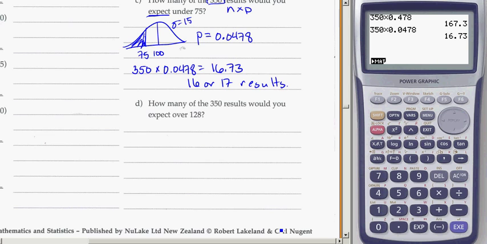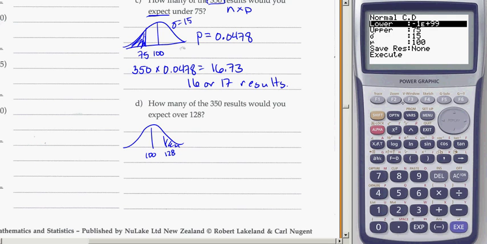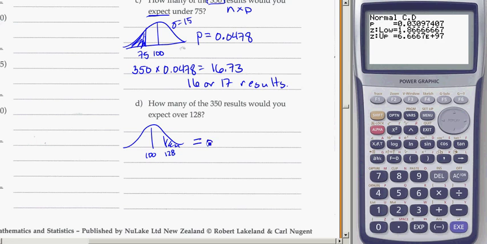Part D, how many of the 350 results would you expect to be over 128? So same idea. Find the probability over 128. So in this case, my lower limit is 128. My upper limit will be 1 times 10 to the 99. That's all the same. Here I get a probability of 0.0310.